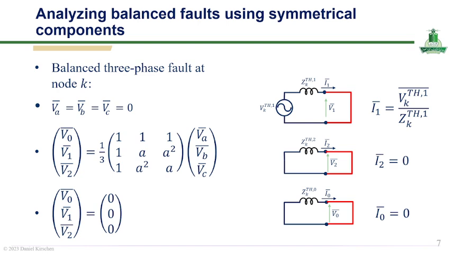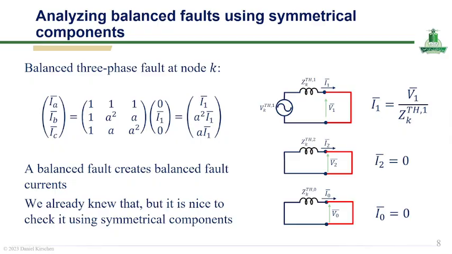This means that the entire fault analysis reduces to a single equivalent circuit, greatly simplifying the calculation. Therefore, in balanced fault conditions, the system behavior is fully described by the positive sequence network, and the fault current can be directly obtained from the Thevenin voltage and impedance seen at the fault point.